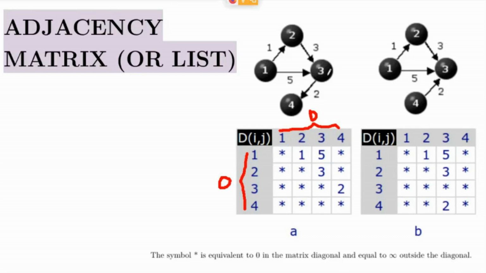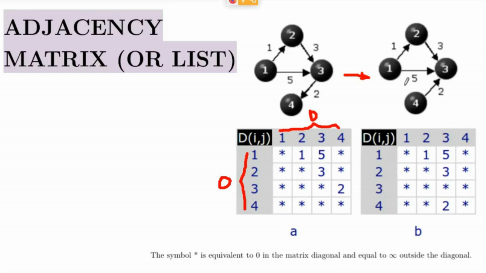Because you can go from 3 to 4, but you cannot do the other way around.